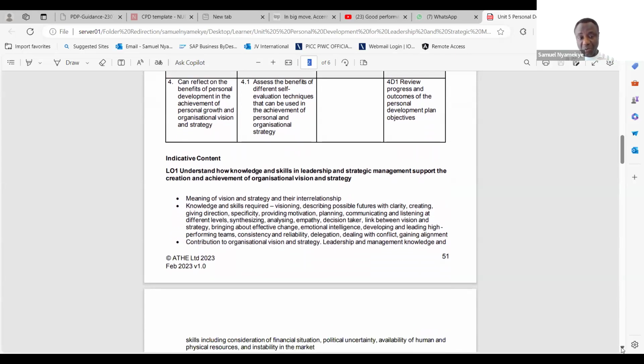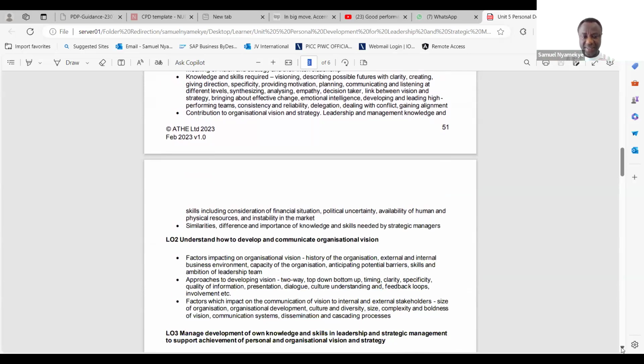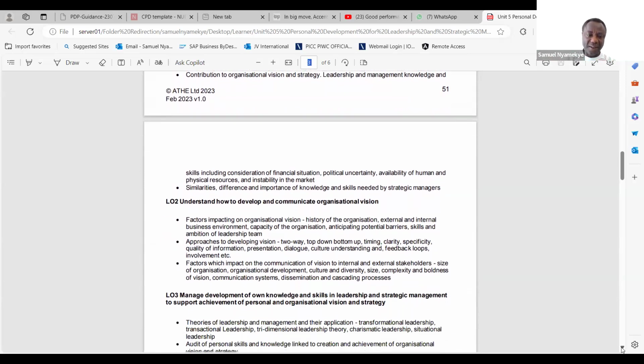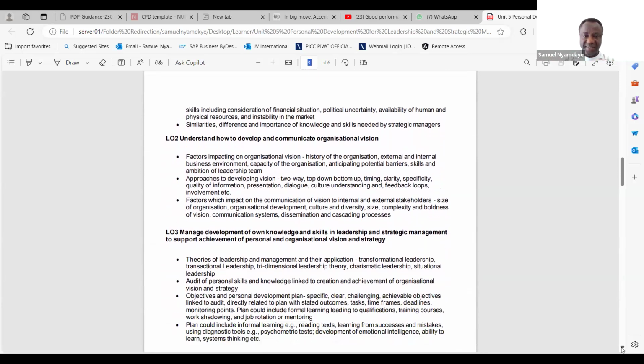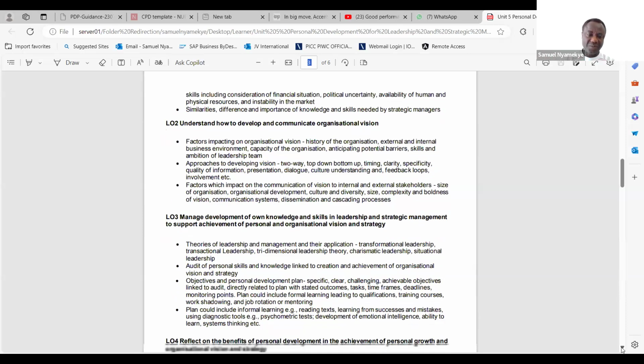You can go through the indicative content, which gives a broader view: the meaning of vision and strategy, the knowledge required, the skills that you need, factors that should be considered when you want to develop the vision, the approaches to developing it, and how you communicate it.